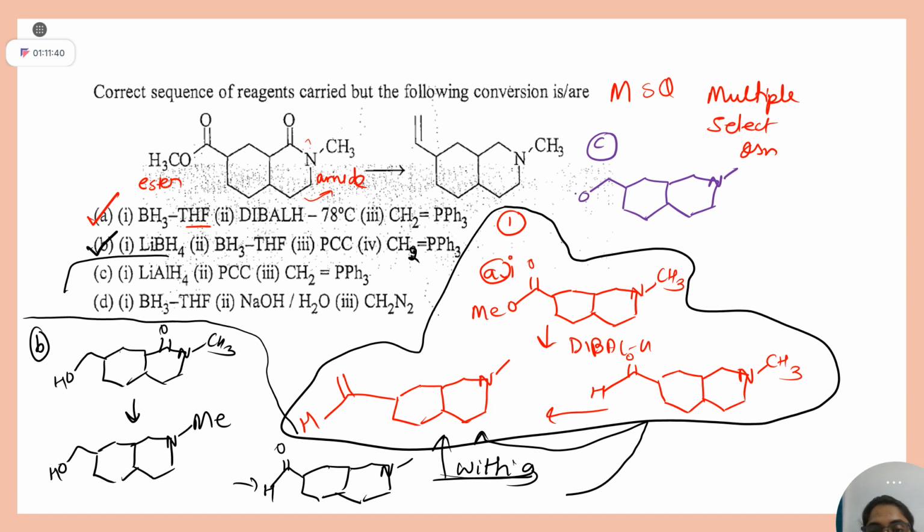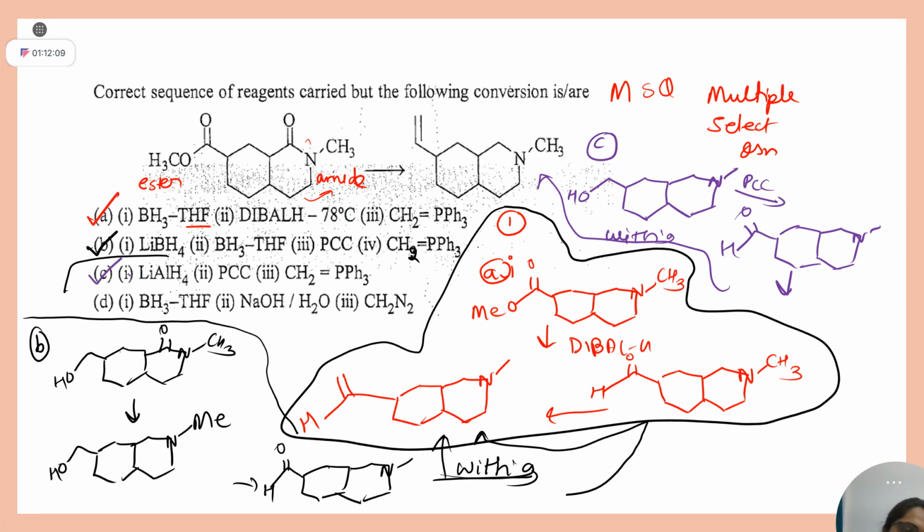So you make this alcohol, in presence of PCC it will undergo oxidation and again it will give you the same product, which is this, in this condition. So option number C is also correct.